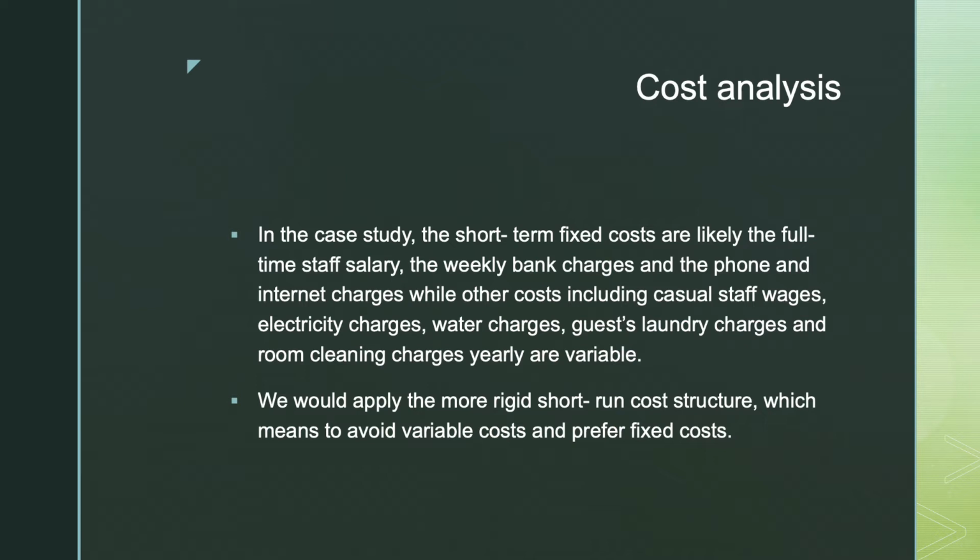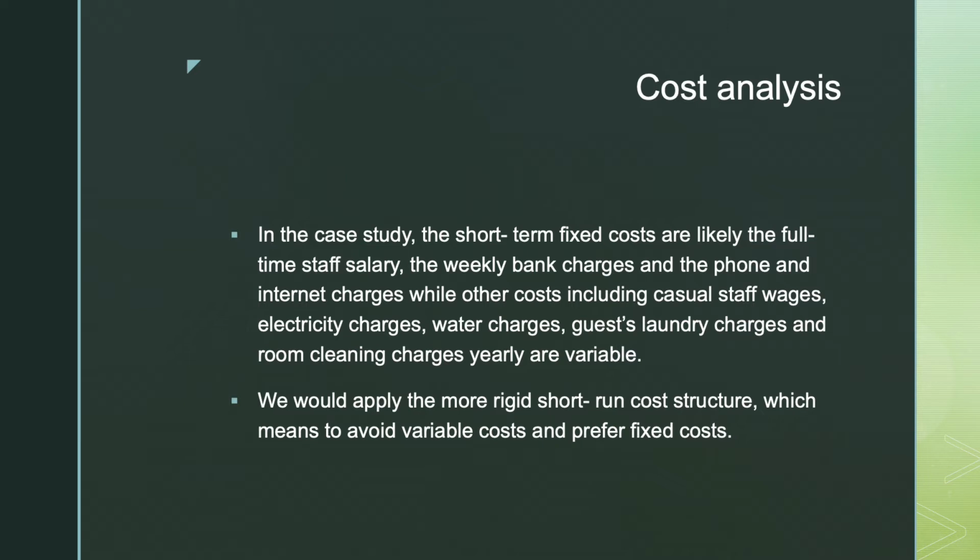Specifically, the full-time employees are permanent staff and their salary is paid on a fixed monthly basis, while the casual staff are temporary and get paid depending on how many hours they work. It explains why the full-time staff salary is considered a fixed cost and the casual staff wages are considered a variable cost.